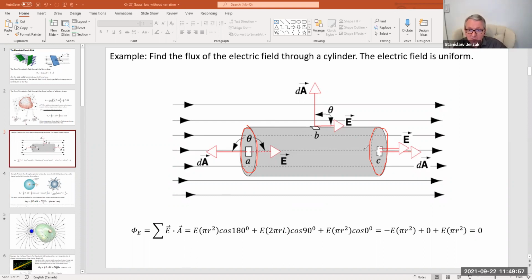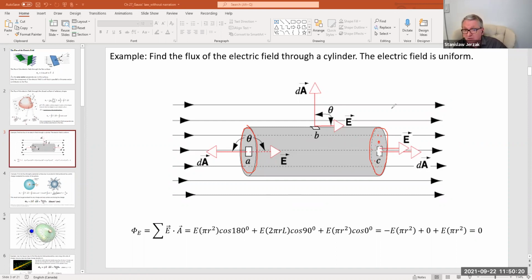So let us calculate the flux of the electric field through this circular surface. Because at any point on that circle, the electric field has the same magnitude and the same direction, because the electric field is uniform. So at every point within that circle, at this point, at this point, at any point, the electric field has the same magnitude.